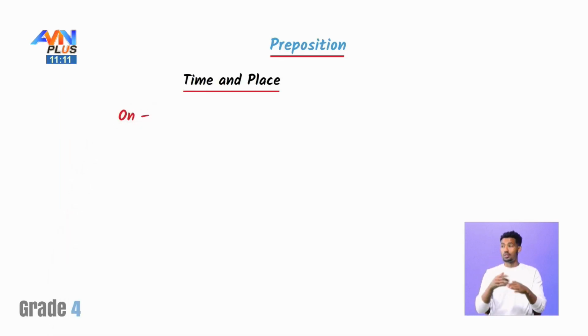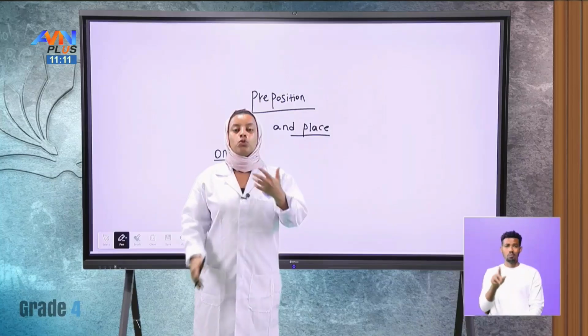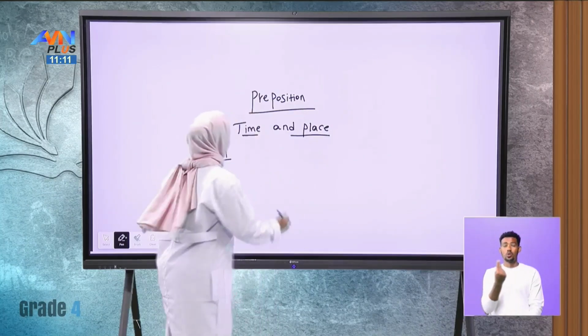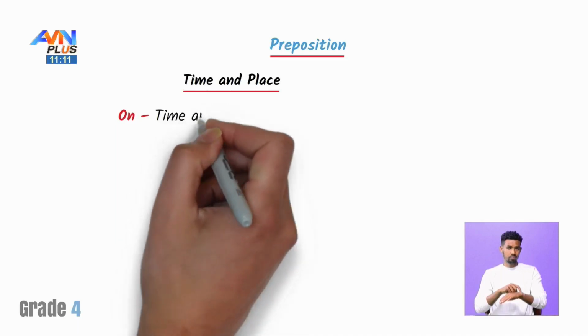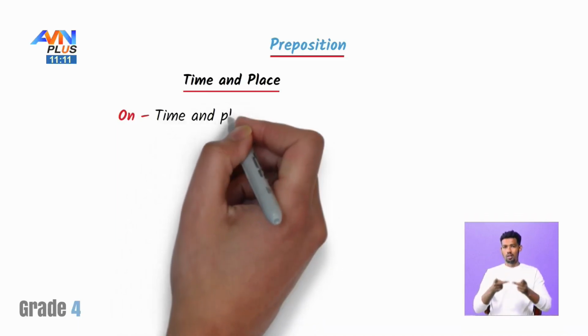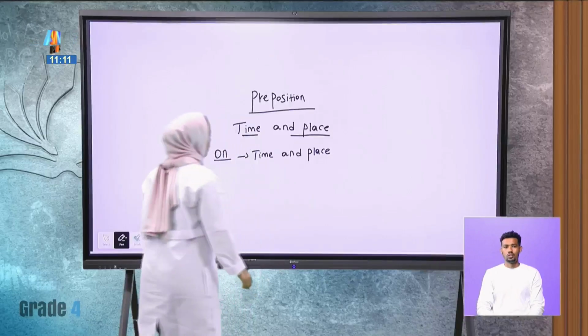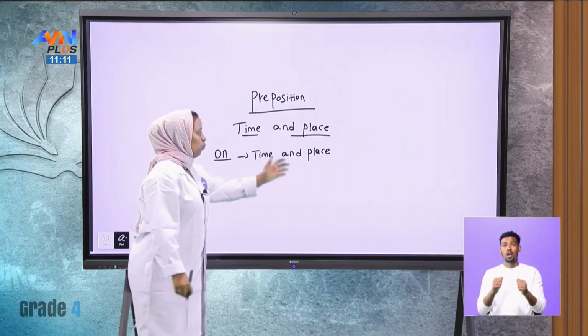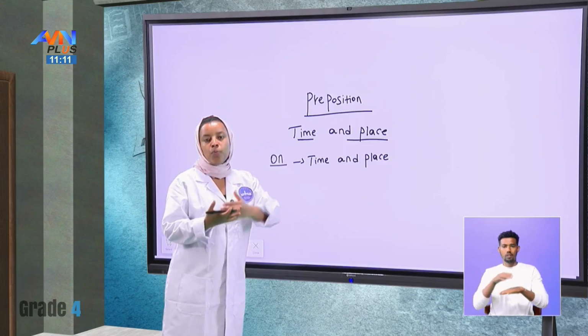Like in and at, we can use on for both time and place. When we come to place, we use on for surfaces and also main streets.